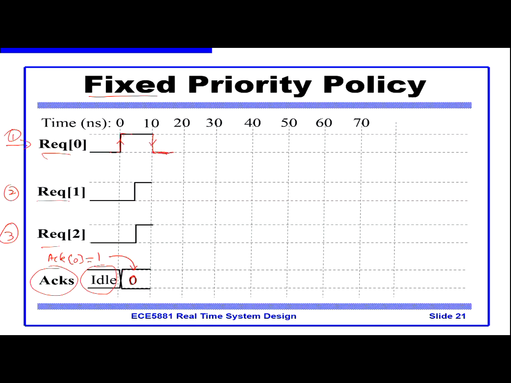Now once that happens, the arbiter now has to allocate a new acknowledge. So I'll leave that for you to do, but let's just remember that we will allocate a new request after waiting 10 nanoseconds as well. Okay, so we can fill that much in, and I'll get you to think about what happens next.